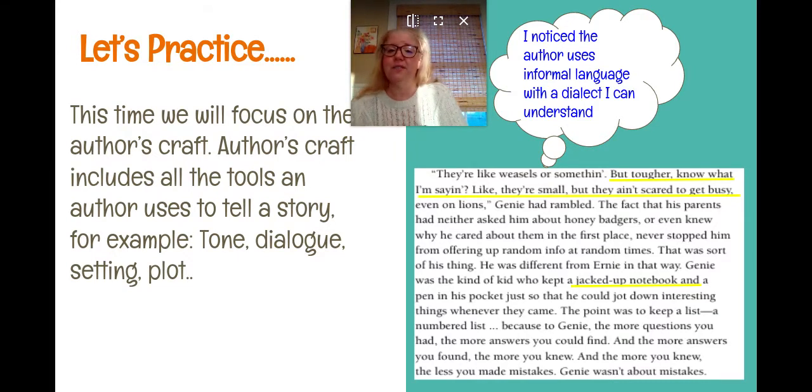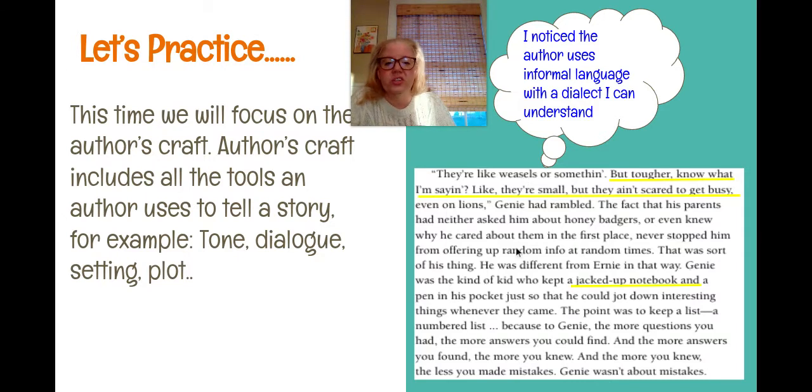He's not talking in a very fancy, big-words kind of way. He's using words that we would all use in normal everyday conversation. It sounds just like we would normally sound when we talk, maybe using some slang or dialect that is more informal, that makes it more relatable to us.